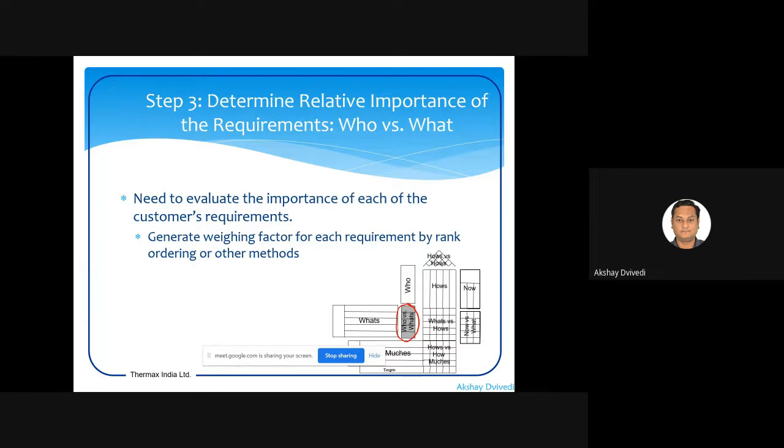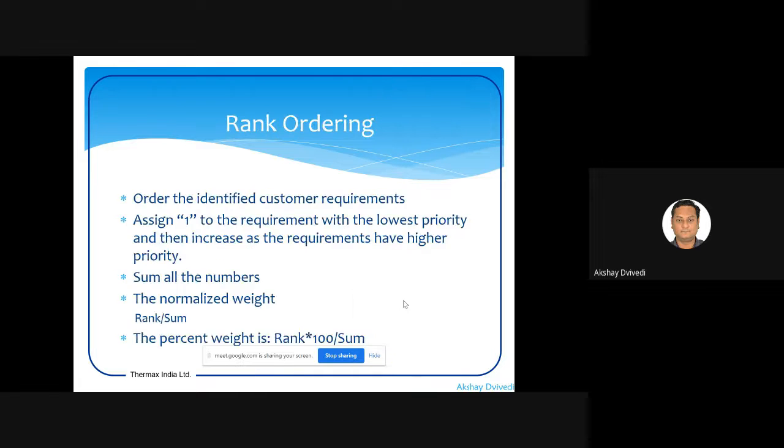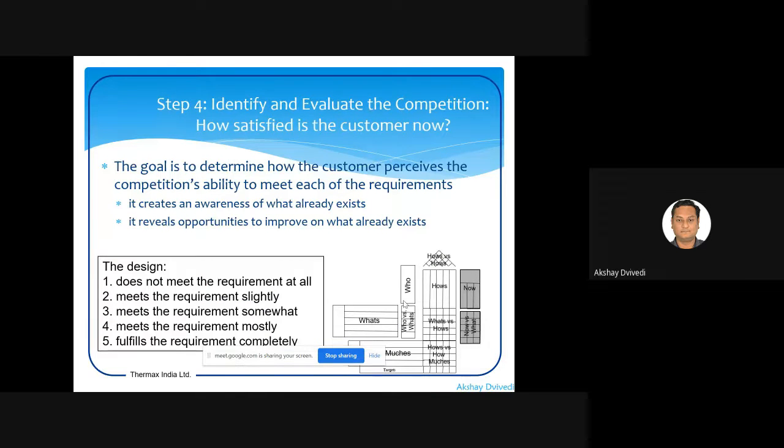This implies, with respect to one particular customer requirement, how this requirement is related to what kind of customer. That helps in prioritizing those things. Once you do that, you reach a level where you identify, okay, can I actually label these things in terms of what the current practice is.